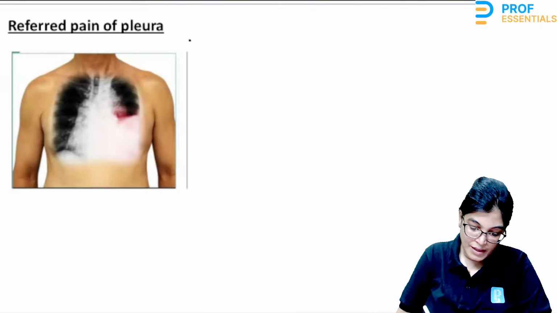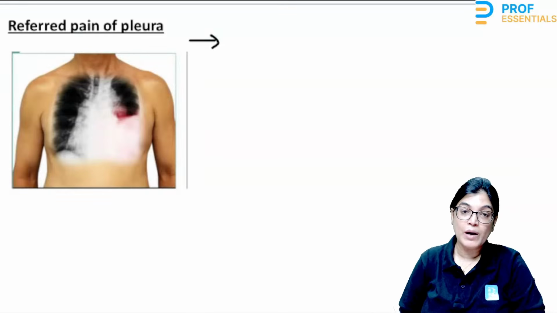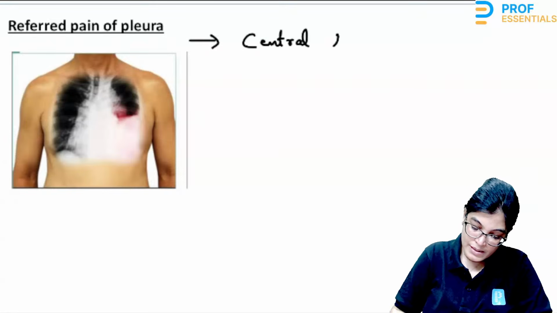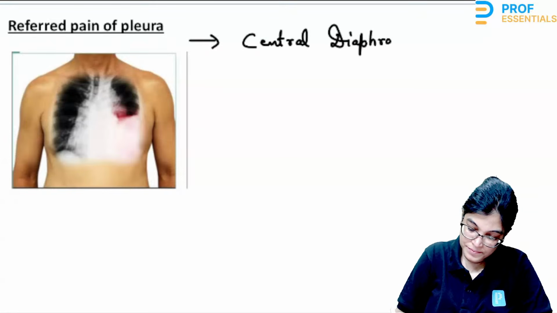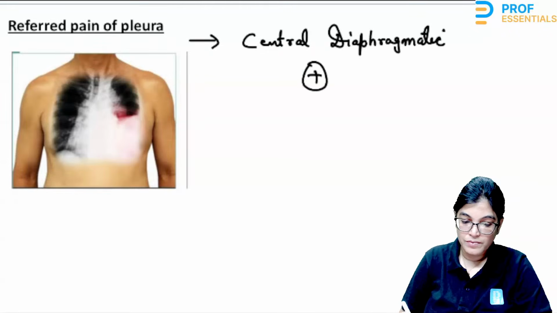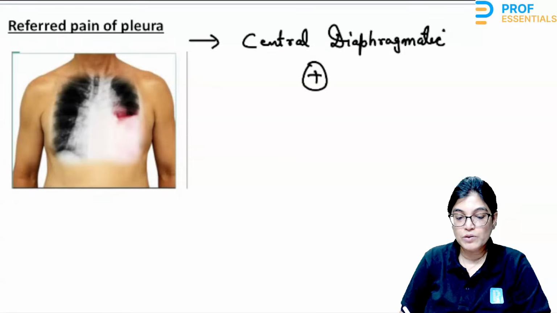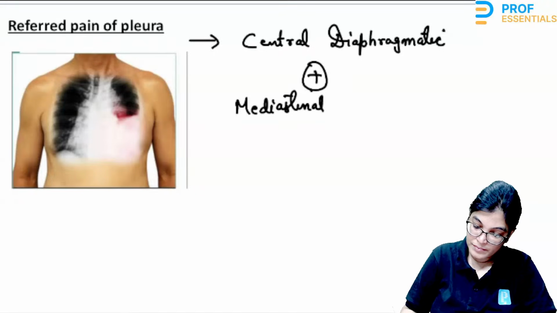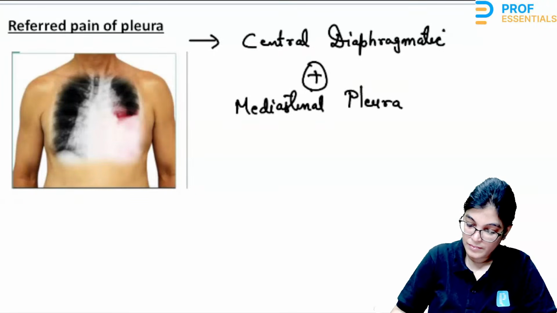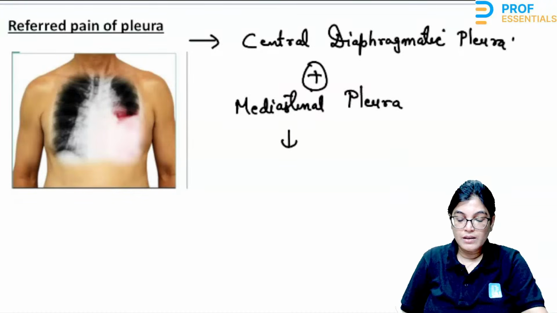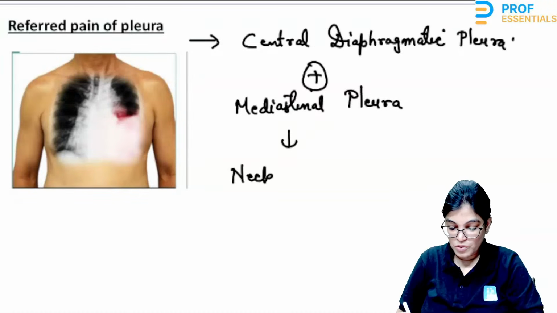So referred pain from the pleura, mainly from the central diaphragmatic pleura and the mediastinal pleura, goes exactly towards the neck and shoulders.